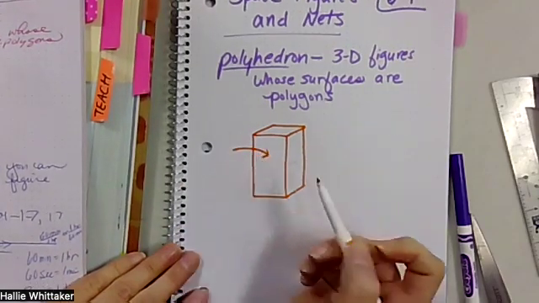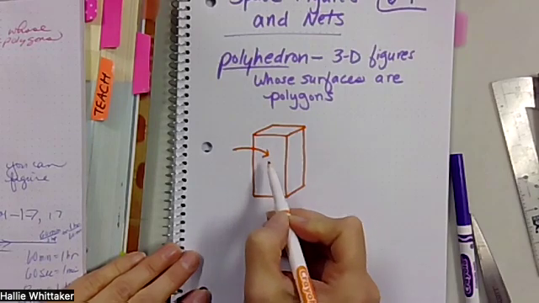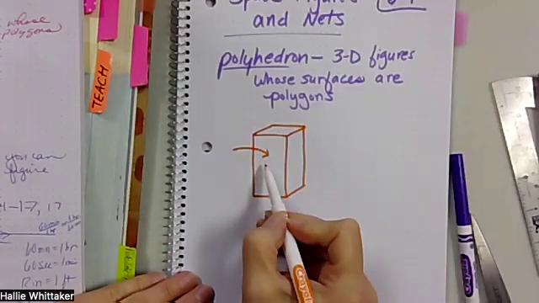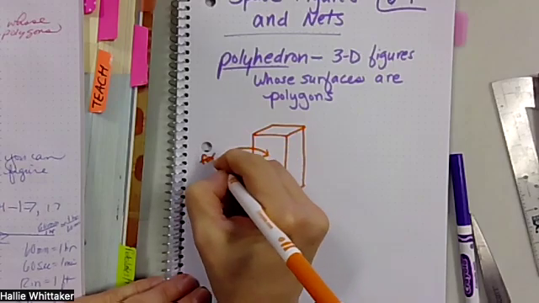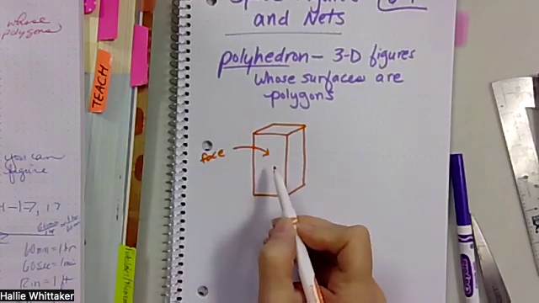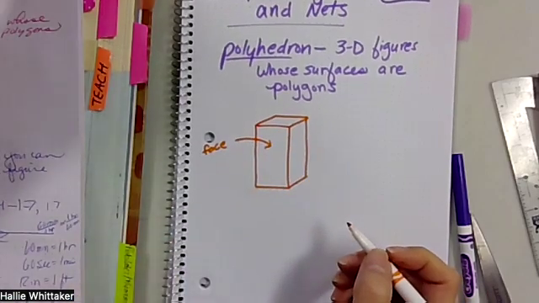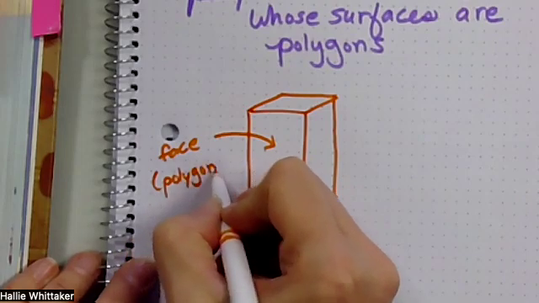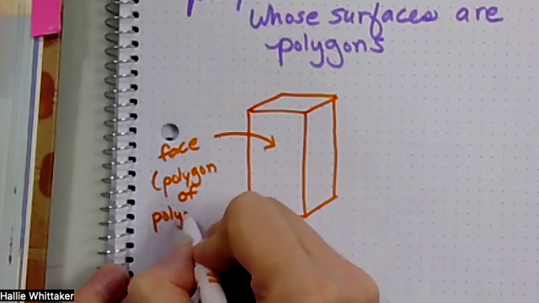Think about that little cereal box. What are each of these flat figures called? Y'all remember? Yeah, good job. So that's a face. And the face, by official definition, is the polygon of the polyhedron.